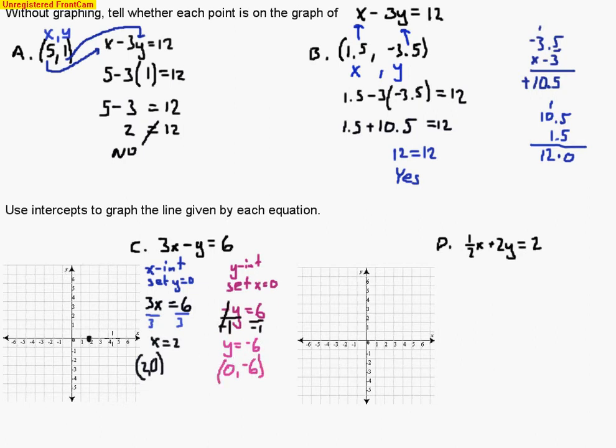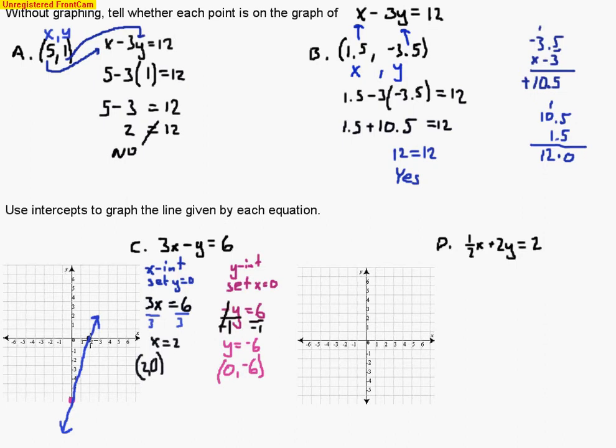So what we'll do is we'll go over 0, but then down 6 spaces. Put a dot there. And now we've got 2 points between which we can draw a line. So then draw that line between those 2 points. So we've got the y-intercept and the x-intercept, 2 separate points.